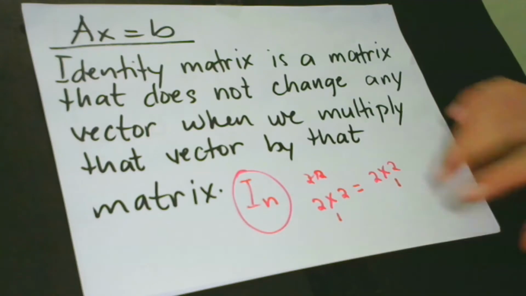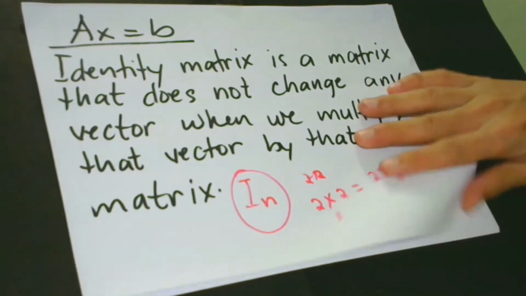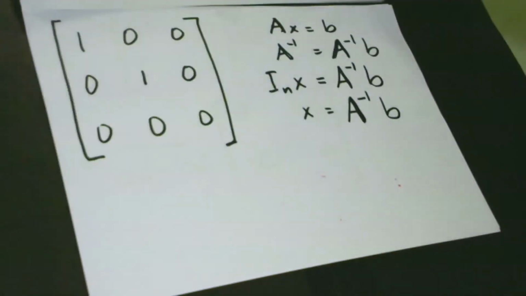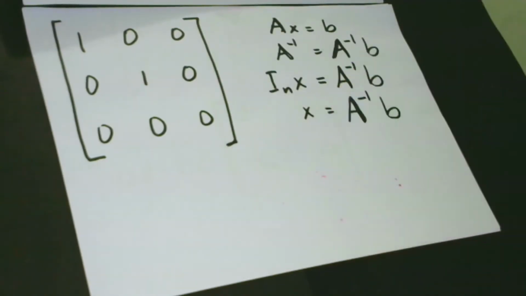Another interesting fact about a matrix is its structure. The structure of an identity matrix is that all of the entries along the main diagonal are 1, while all the other entries are 0. Oops, I made a mistake here.